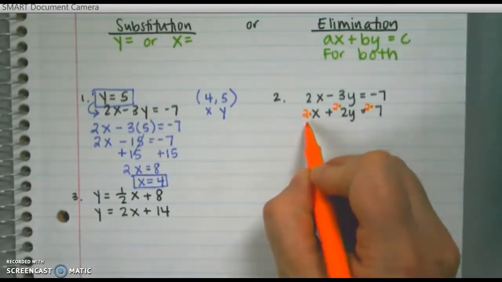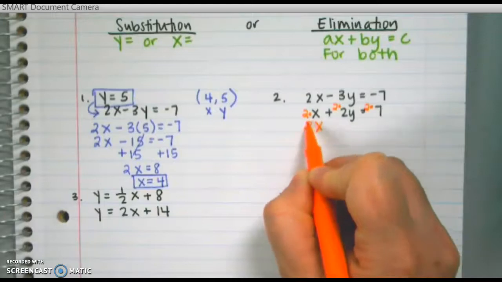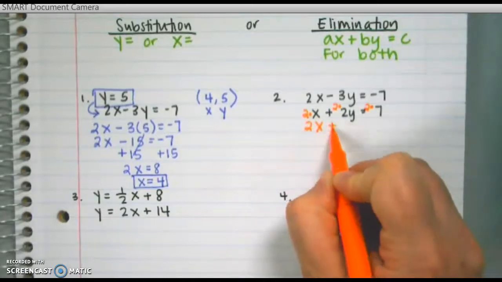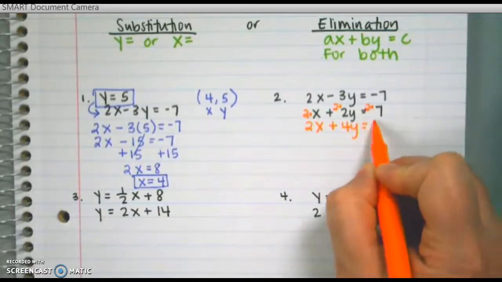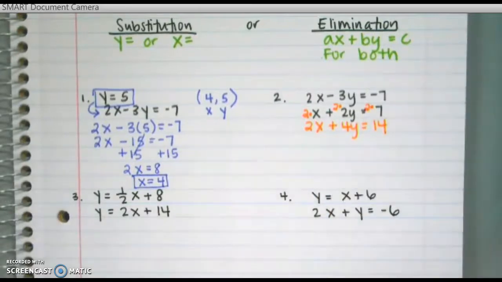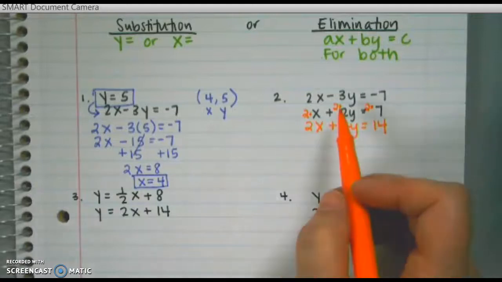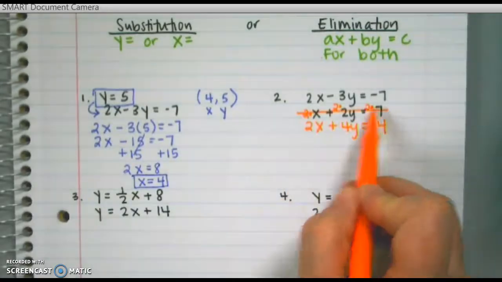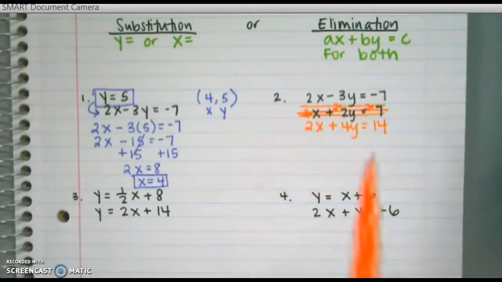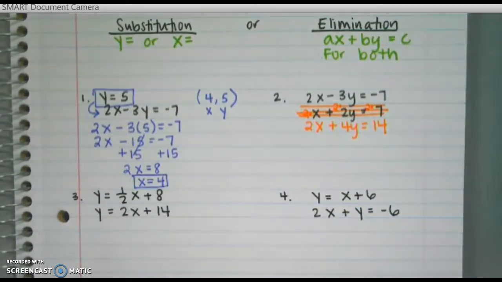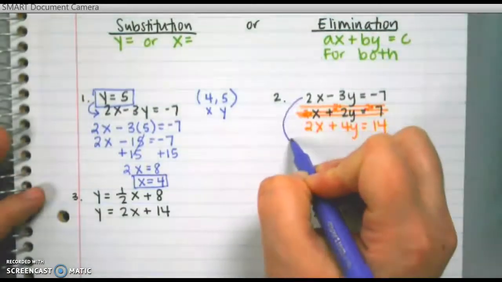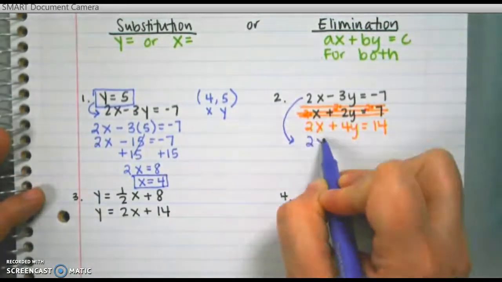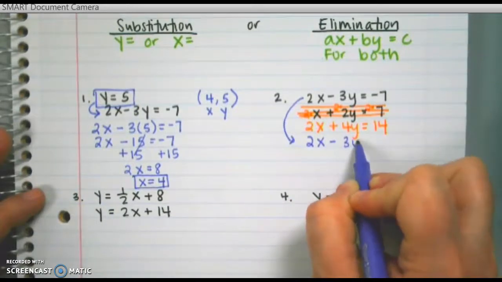So my new equation for the bottom one: 2 times x, 2 times 2y is 4y, and 2 times 7 is 14. Now that I've multiplied, I am not going to use the old equation. I'm going to use the top equation and the new bottom equation. What I usually do is rewrite the bottom one just so that there's not a gap in between.